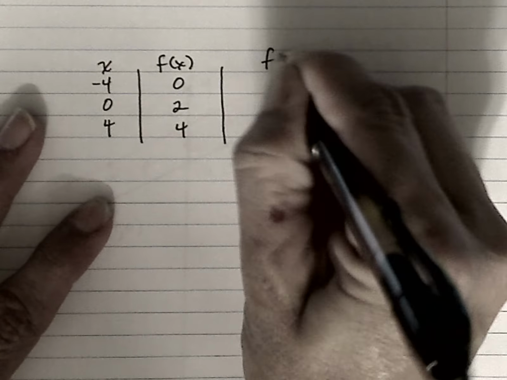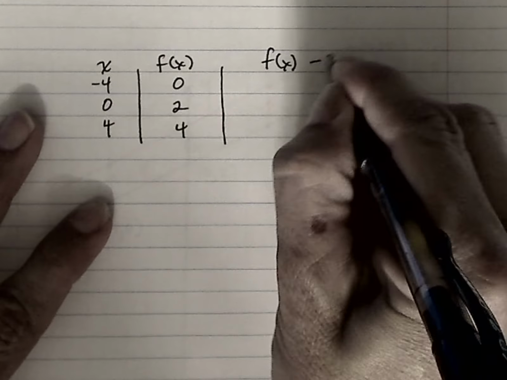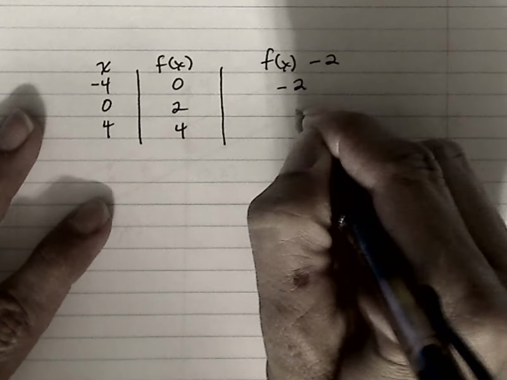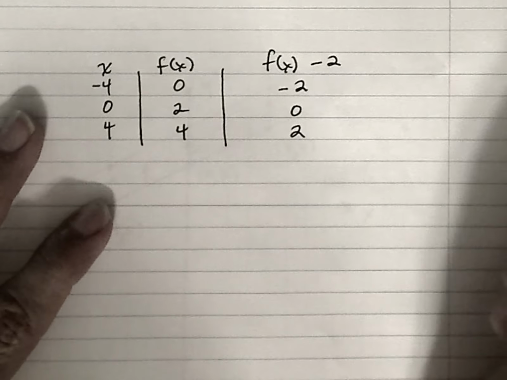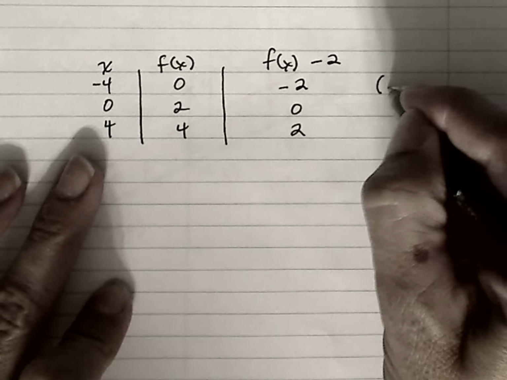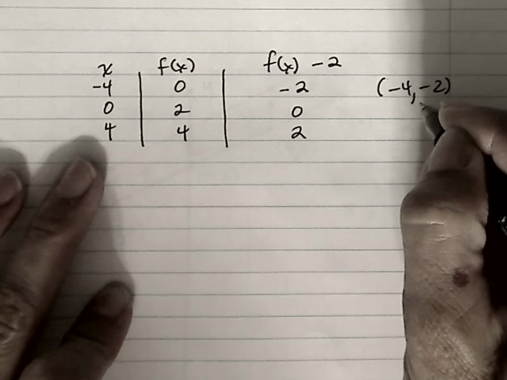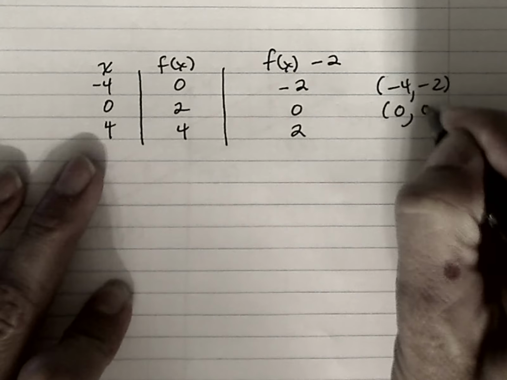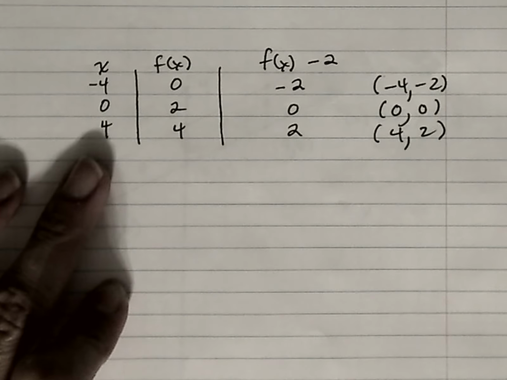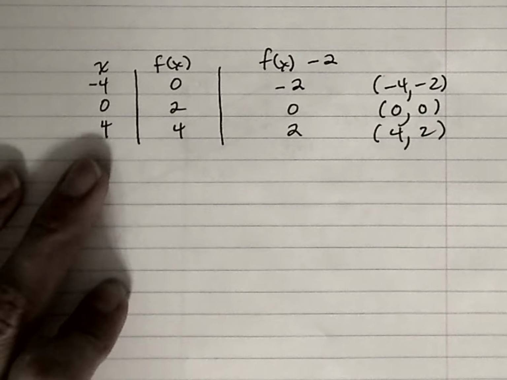And this time, let's look at f of x minus 2. So we're going to subtract 2 from all of our f of x values, and we should get negative 2, 0, and 2. So the new points on this graph will be negative 4, negative 2; 0, 0; and 4, 2. Let's go ahead and plot those points and see what happens.